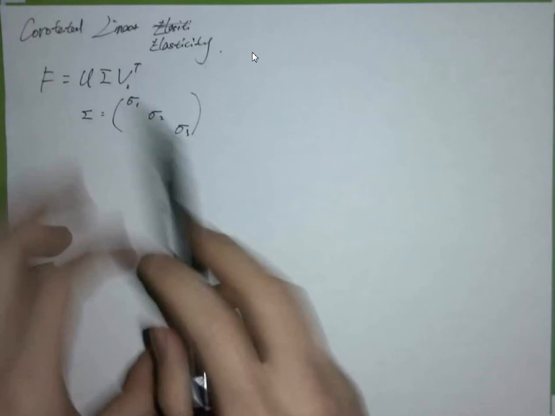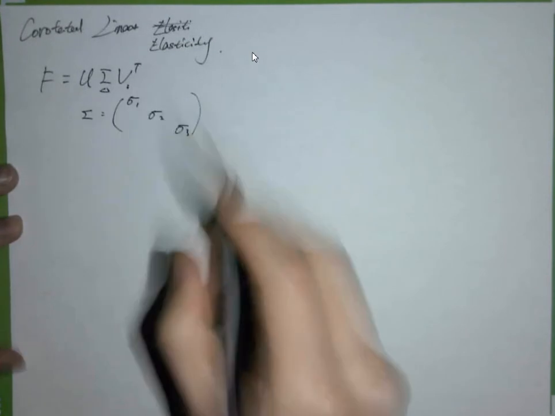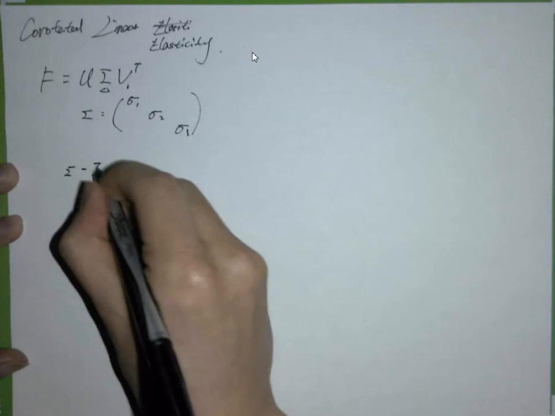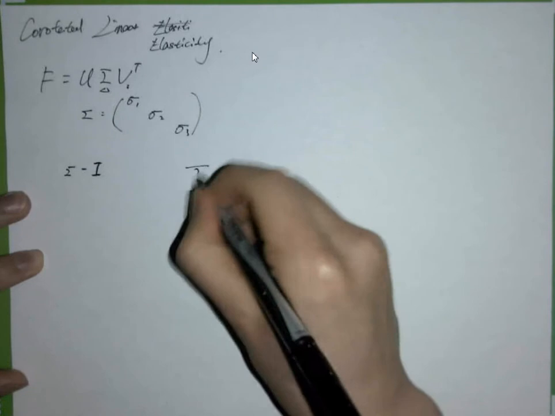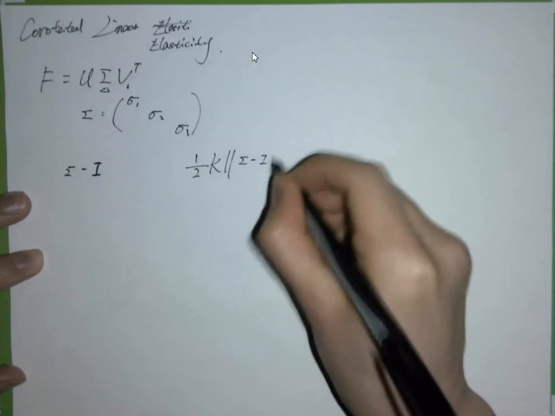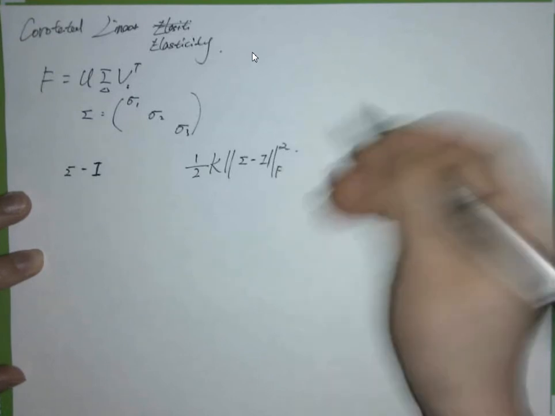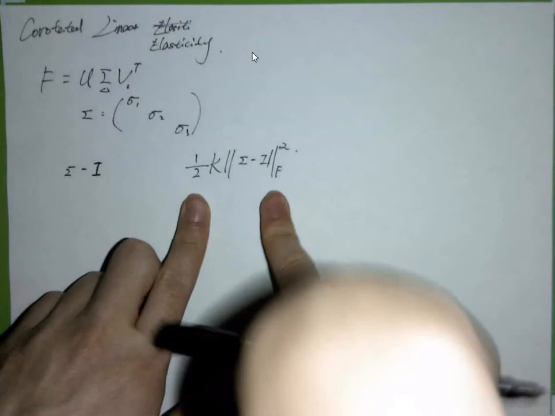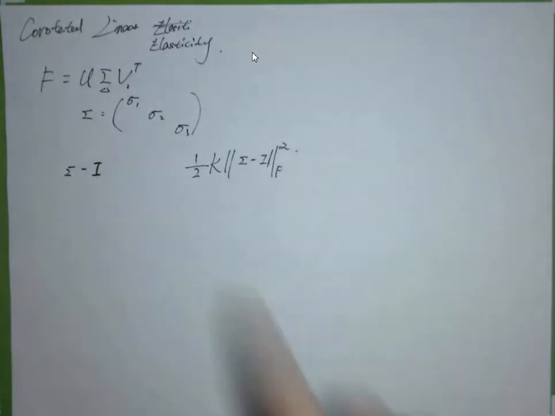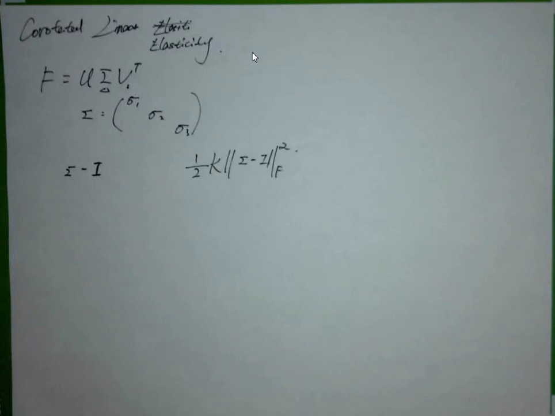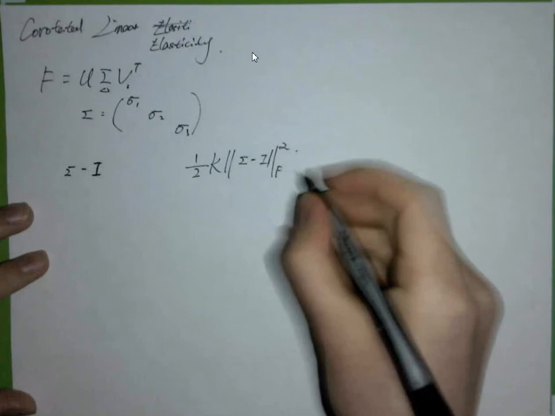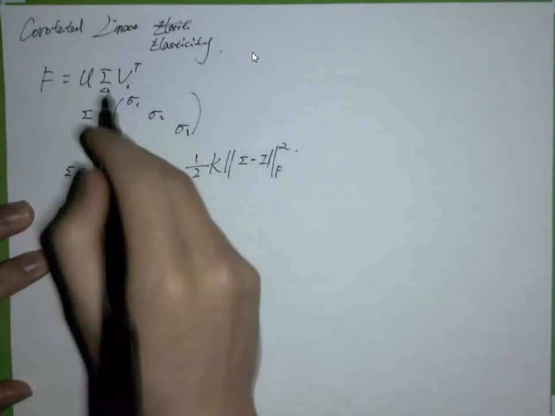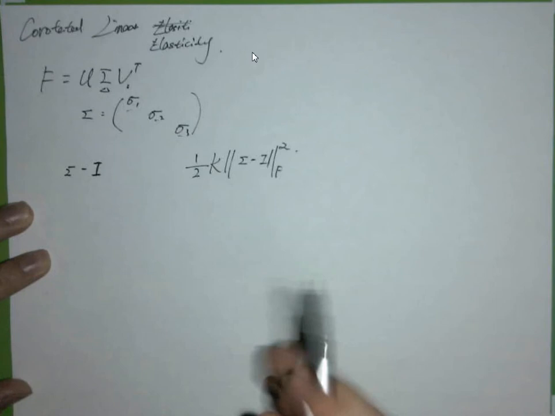So if I use sigma minus identity as my strain measurement, I can represent the energy as 1/2 multiplied by K multiplied by the Frobenius norm of sigma minus identity squared. I can use this as my energy. And this looks reasonable because it already cancels rotation out and only leaves a scaling parameter after the change of basis operation.